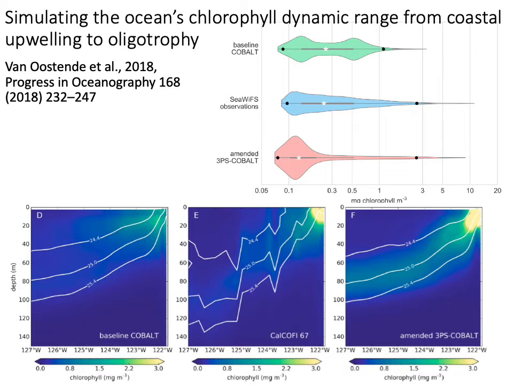When we added a third size class to COBALT, we were able to then generate these high chlorophyll values observed in the coastal region, but also led to highly diminished chlorophyll values offshore as nutrients were consumed more closely to the coast.